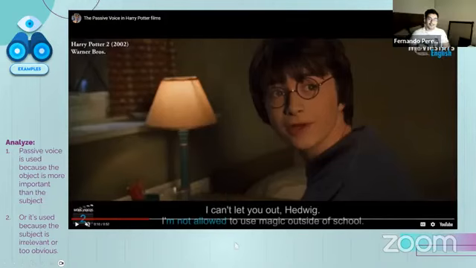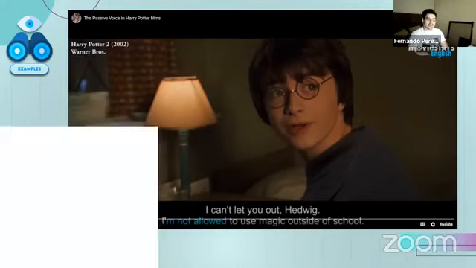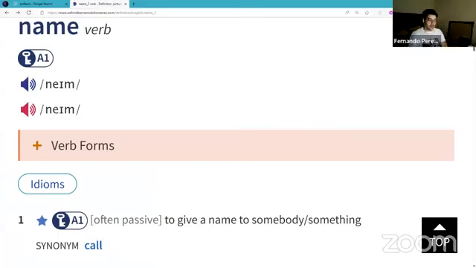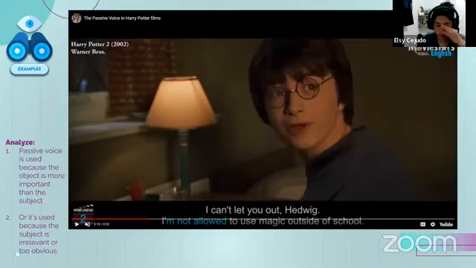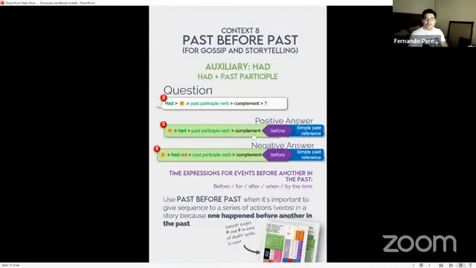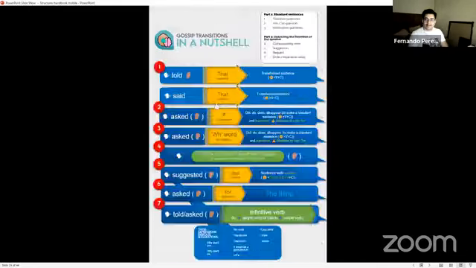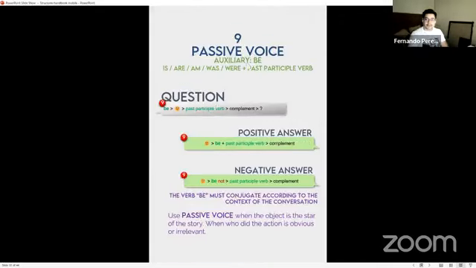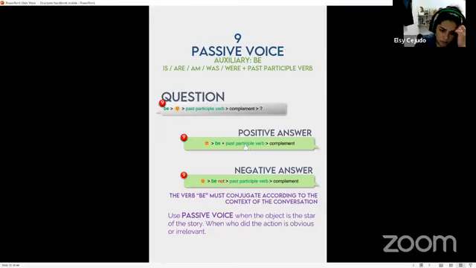So don't confuse the verb in past participle for structure 6. Structure 6 has a verb in past participle, right? But structure 8, no, 9. Structure 9 has a verb in past participle, but this should be considered an adjective, a description.